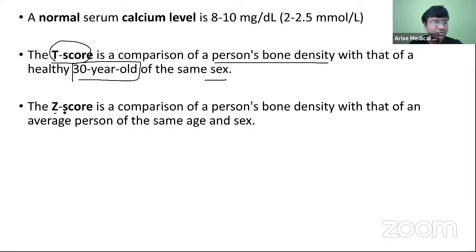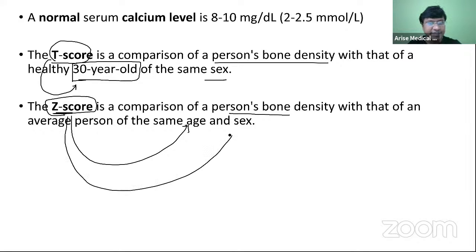Then what is the Z-score? The difference is the age group with which we are comparing. In the T-score, we compare the bone density of the individual with a 30-year-old individual of the same gender. But in the Z-score, we compare the person's bone density with that of the same age as well as the same gender.